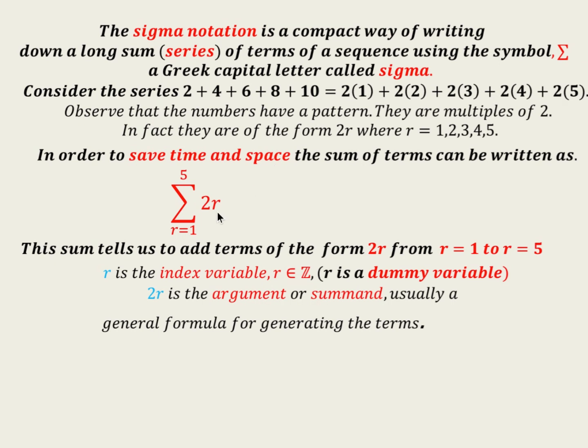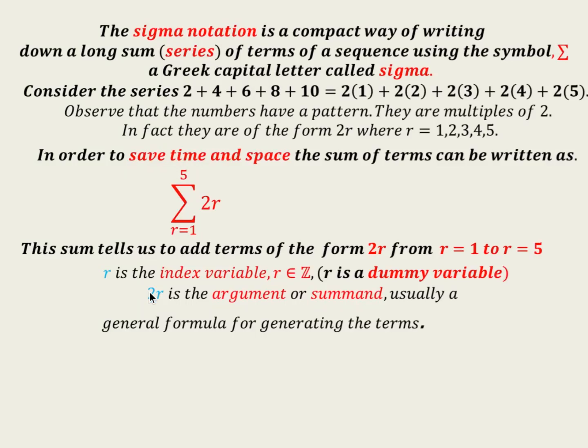If I change it to w, for instance, summation from w equals 1 to 5 of 2w, it will still generate the same series without any difference in the number of terms that have appeared there. Any variable that behaves in this way is called a dummy variable.